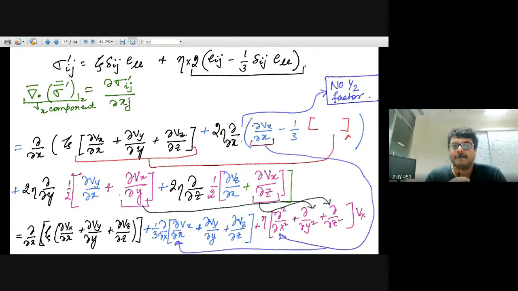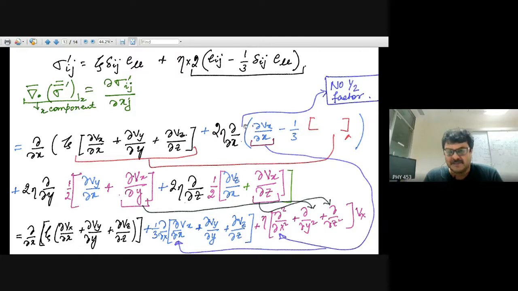Yes, and there is also del Vx del x sitting here. So this 2 will go inside here. Remember, here there were 2 terms, one of which came here.